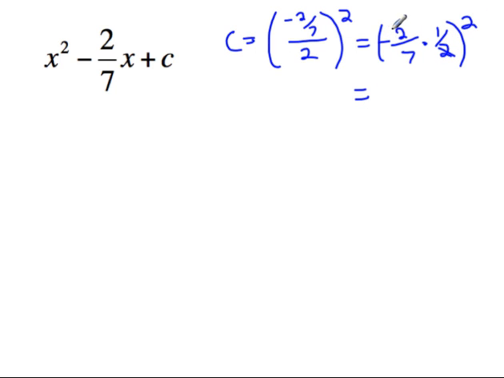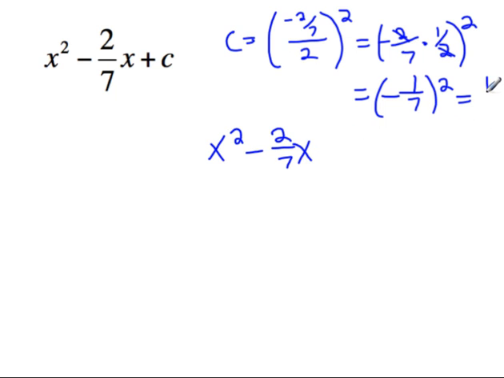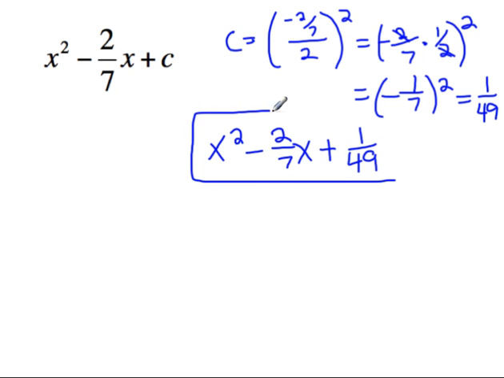Okay, these are going to factor out, so I end up having negative 1/7 squared. So now when I write this out as a perfect square trinomial, I rewrite everything and I throw in my new C, which is going to be 1/49. So this will be plus 1/49. That's the first part of my answer.